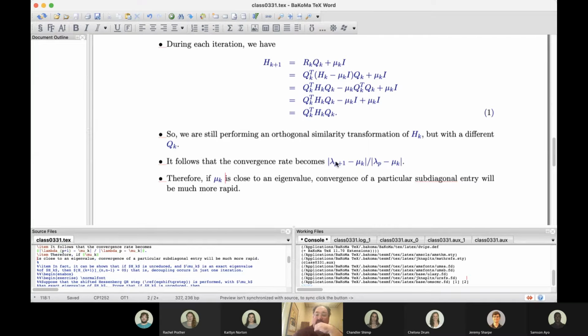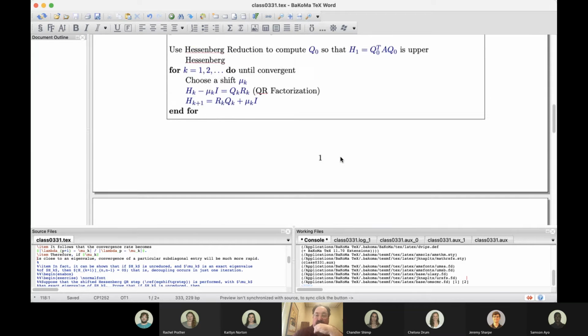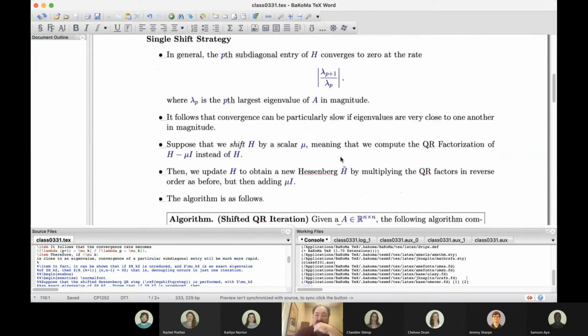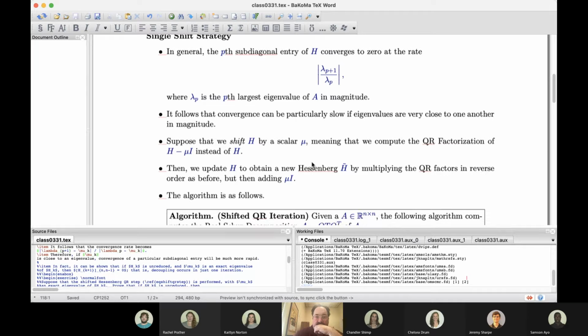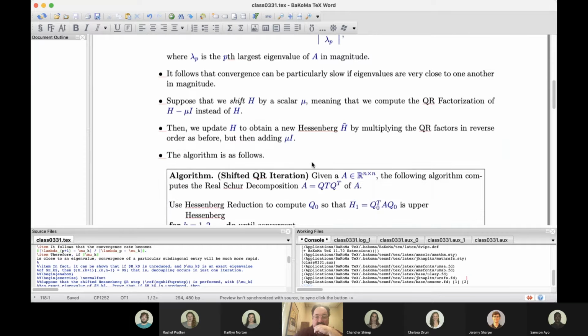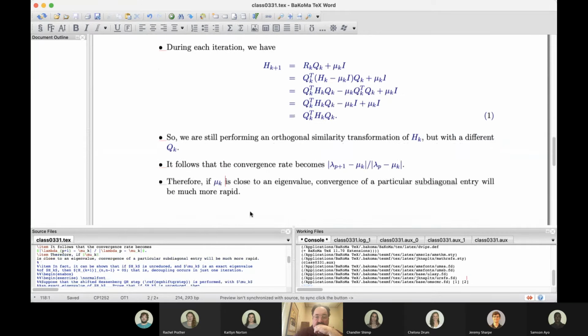Recall that when I described a convergence rate before, this is how fast a subdiagonal entry will converge to 0. So if mu is close to one of these eigenvalues, that means that one of these entries will go to 0 very rapidly.